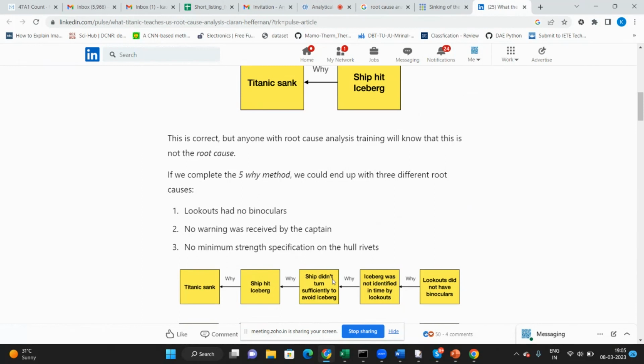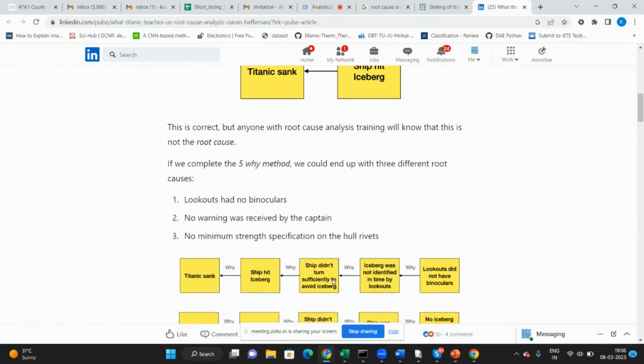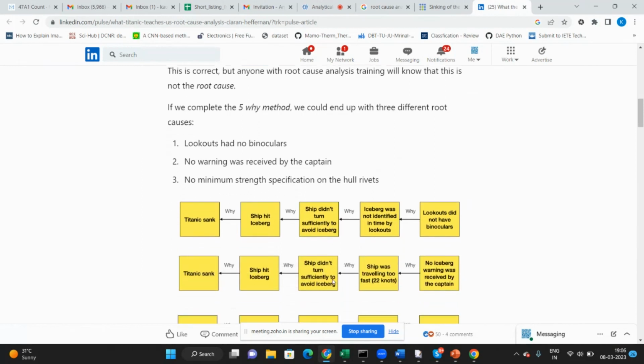They could not identify it in time, right? Why was it difficult to identify the iceberg? Because the lookouts or the windows in the ship did not have binoculars.